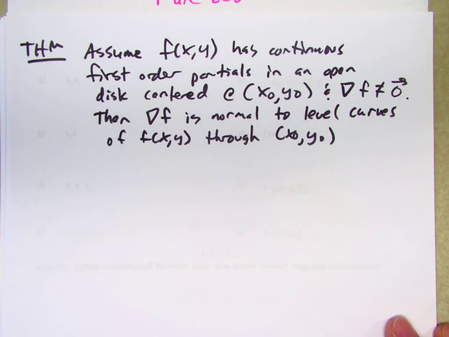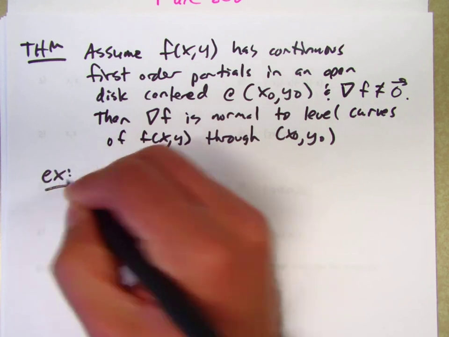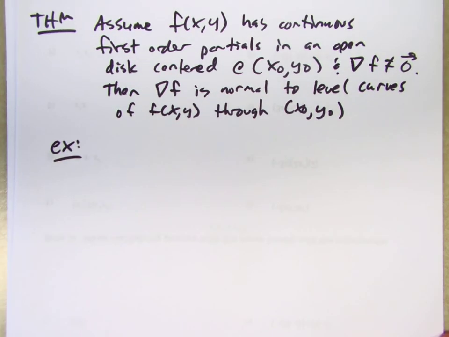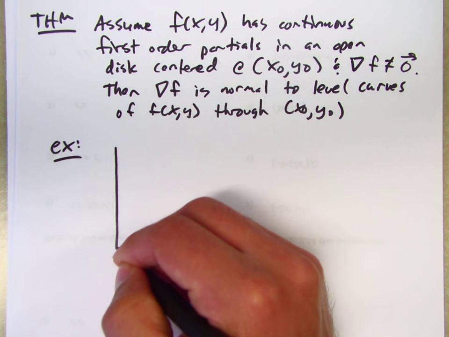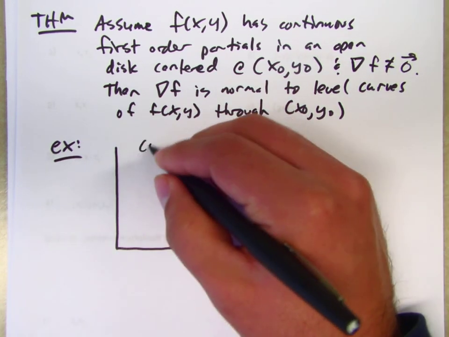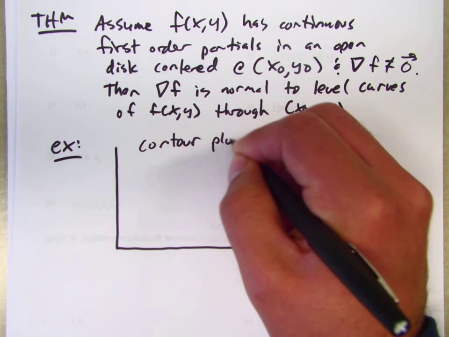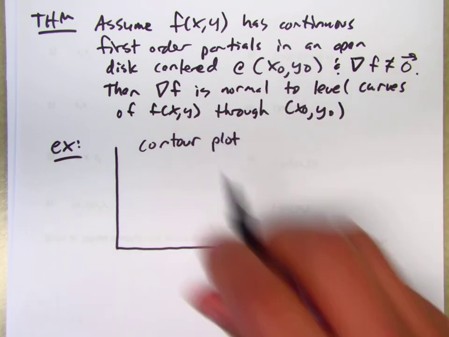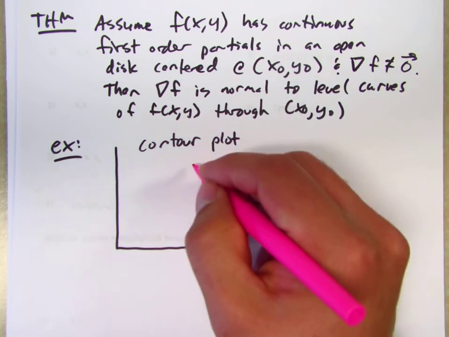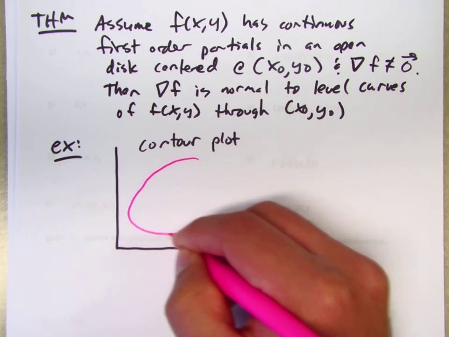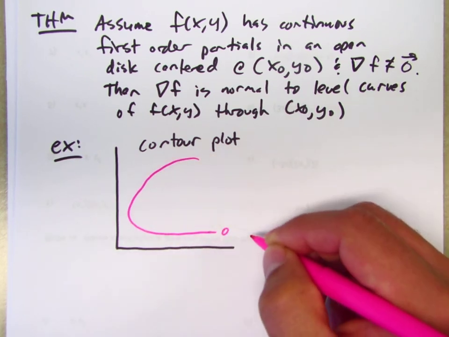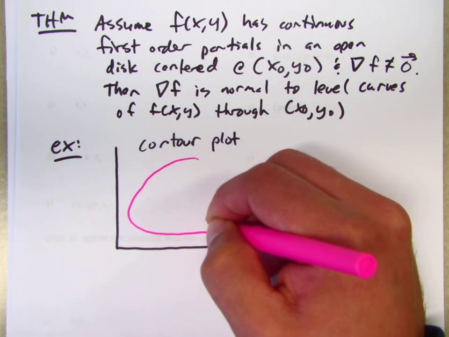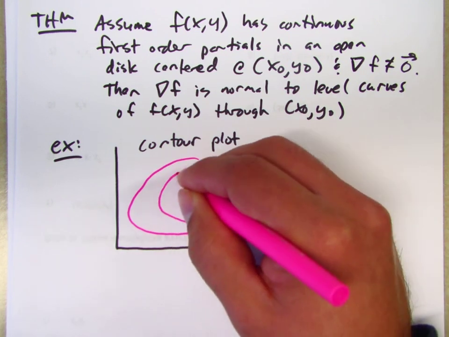Now, here's an example to kind of illustrate what we're talking about. So let's say we have a contour plot here. And let's say we have several level curves. Let's say that this one has a height of 0. Let's say this one has a height of 5.